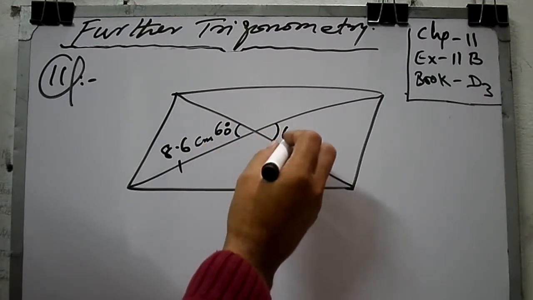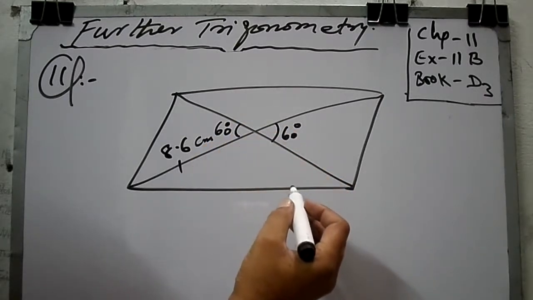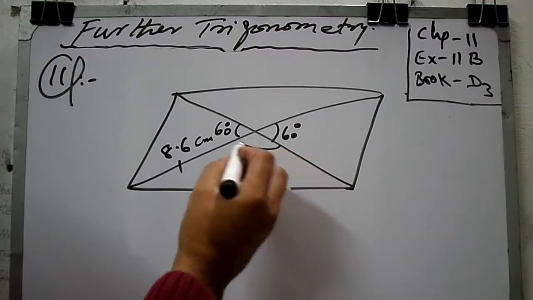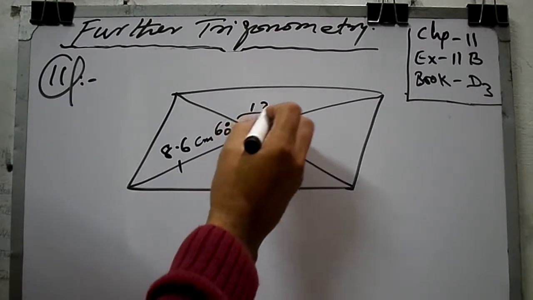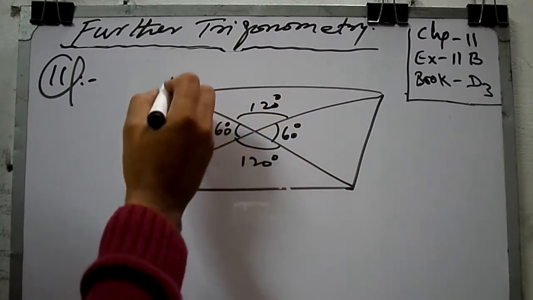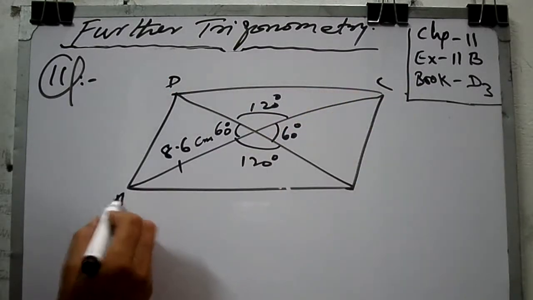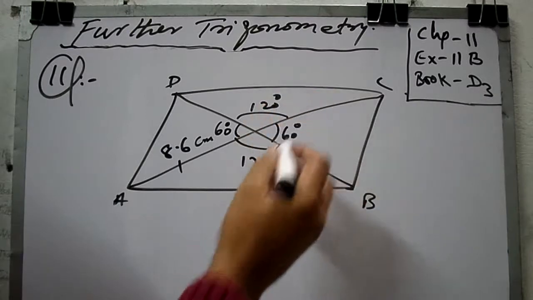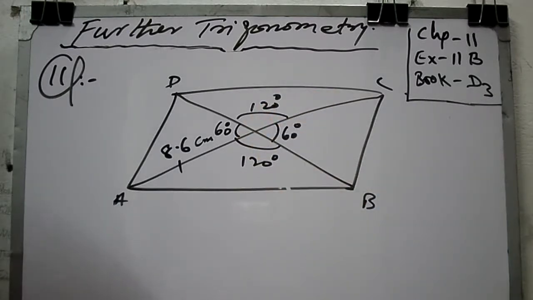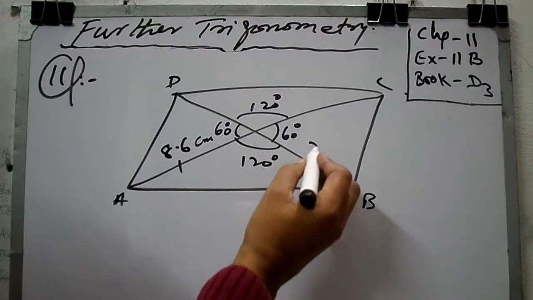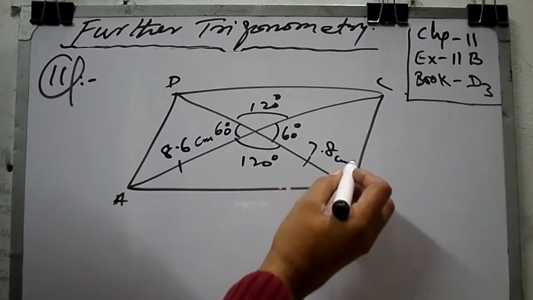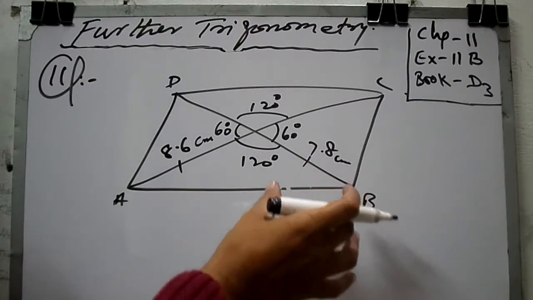The angle is also 60, and this is 120 degree. It will also be 120 degree. So A, B, C, D. And this is 7.8 centimeter.